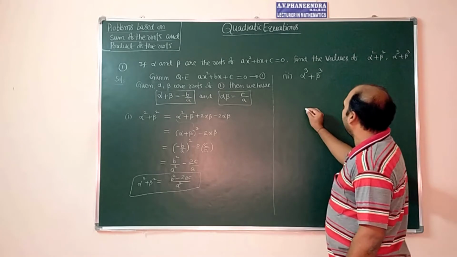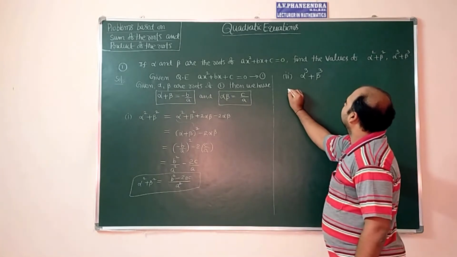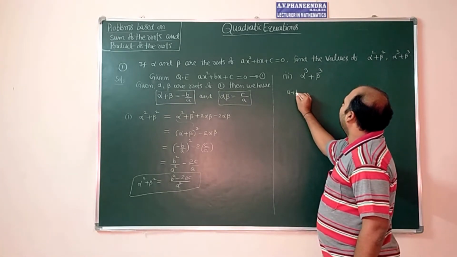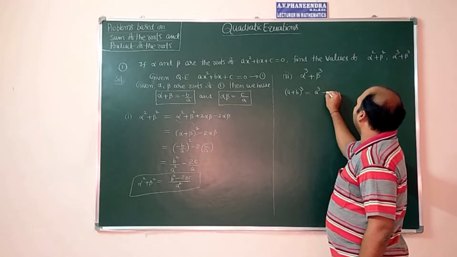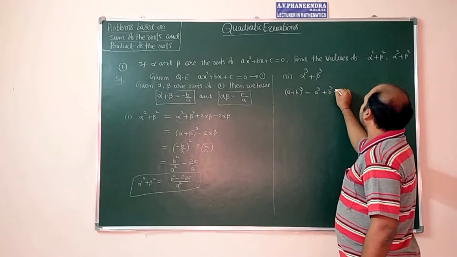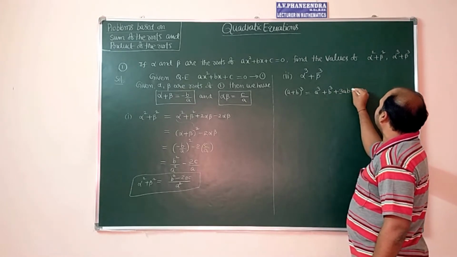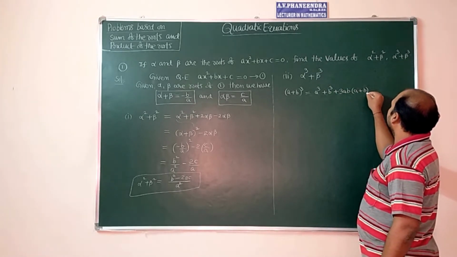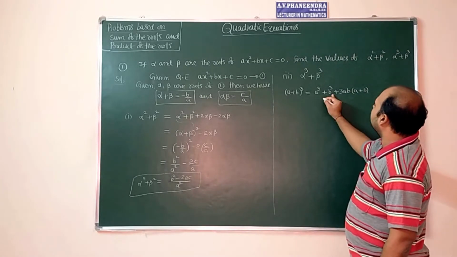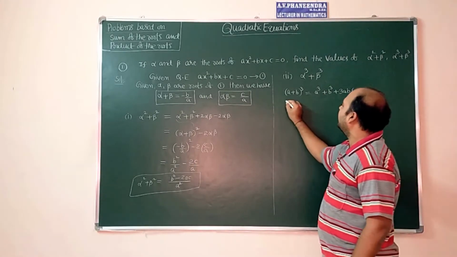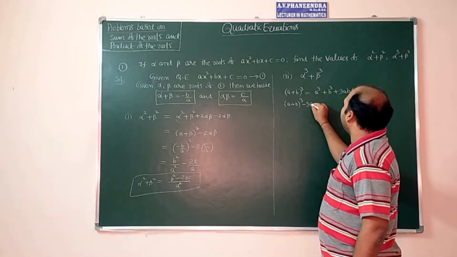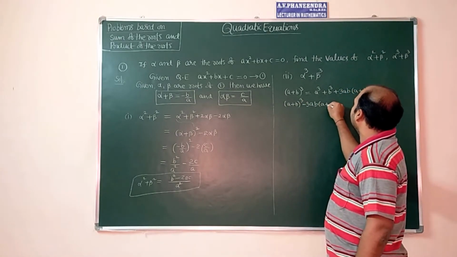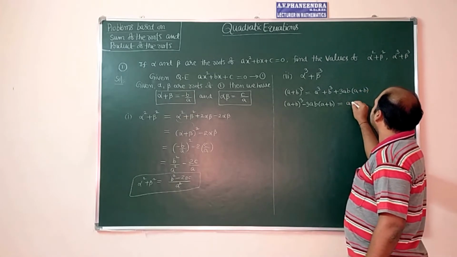Here we have the formula a plus b whole cube equal to a cube plus b cube plus 3ab into a plus b. From this, making a cube plus b cube the subject, a plus b whole cube minus 3ab into a plus b is equal to a cube plus b cube.